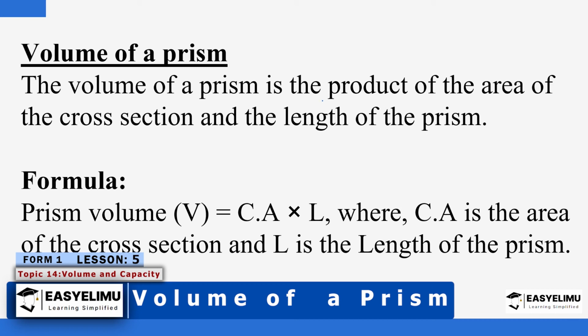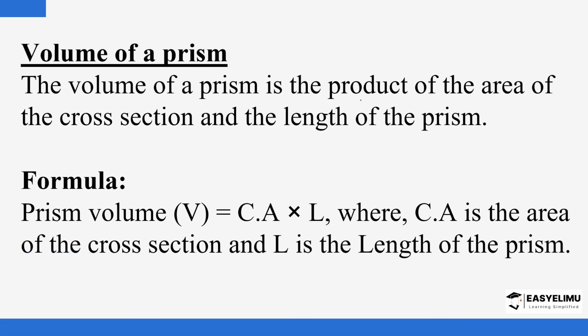The volume of a prism is gotten by having the product of the area of the cross section and the length of the prism. What defines a prism is when it has a uniform cross section, a cross section that has some constant width.